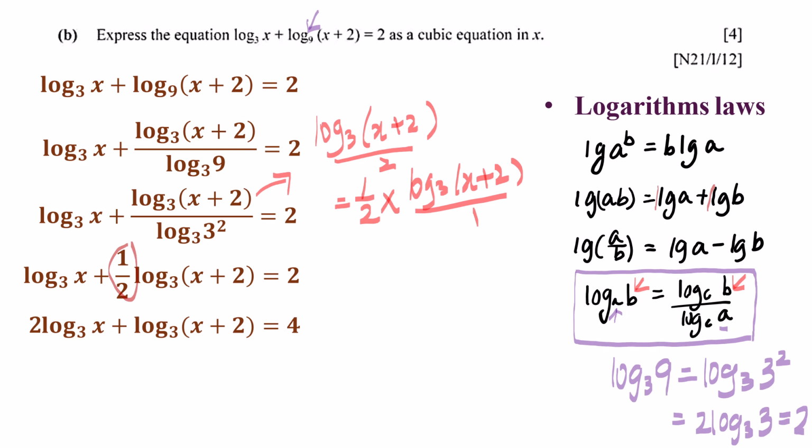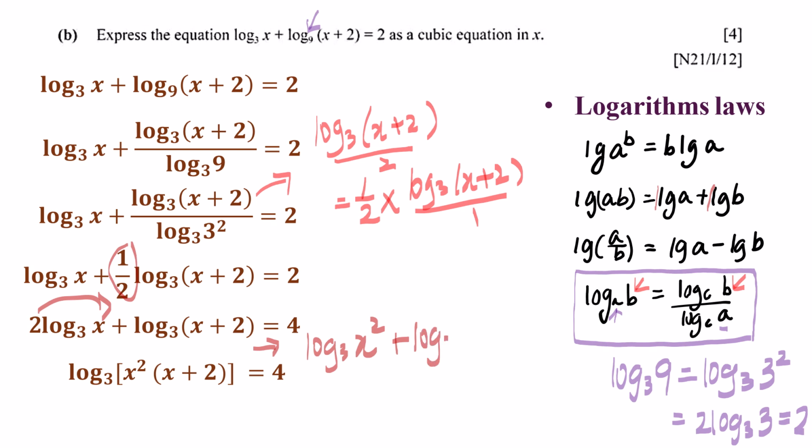And then I'm going to bring this out to get x squared. I skip a step here. What I should be having is log base 3 of x to the power 2 plus log base 3 of (x plus 2) equals 4. And now I can apply the product law to combine them.